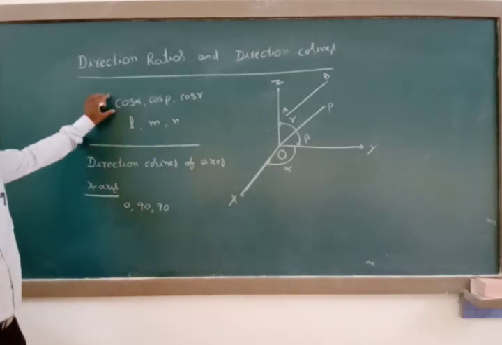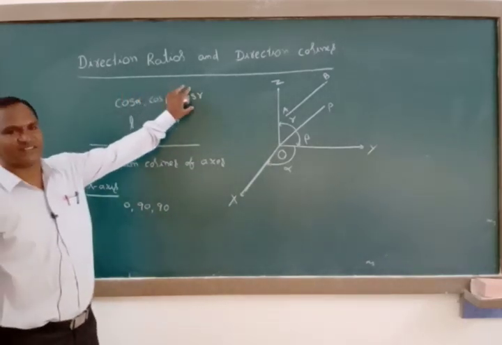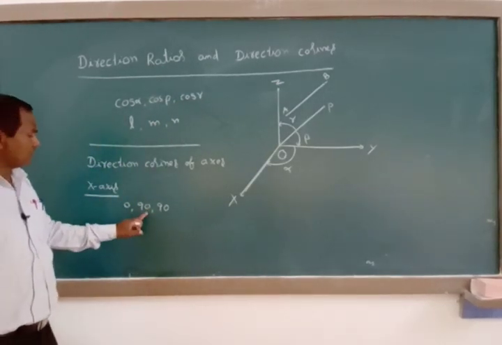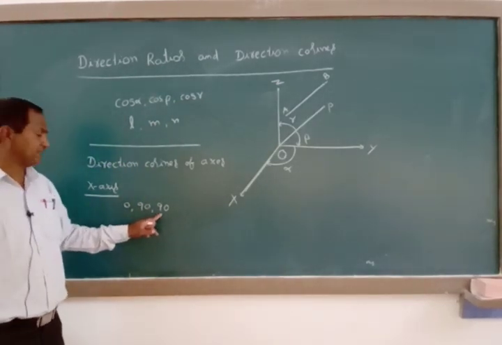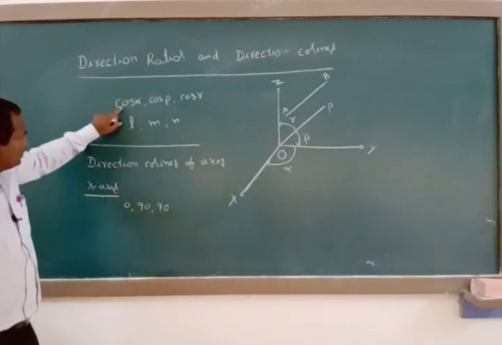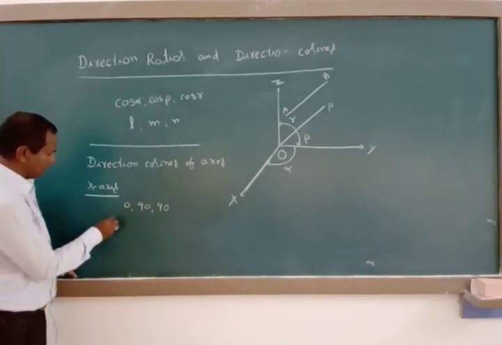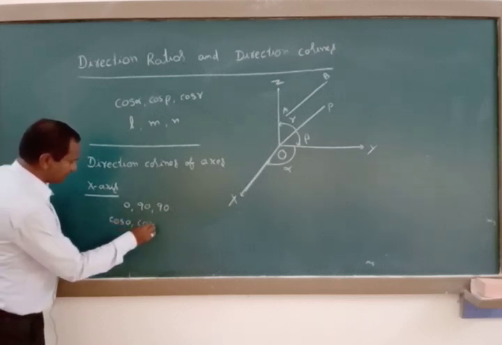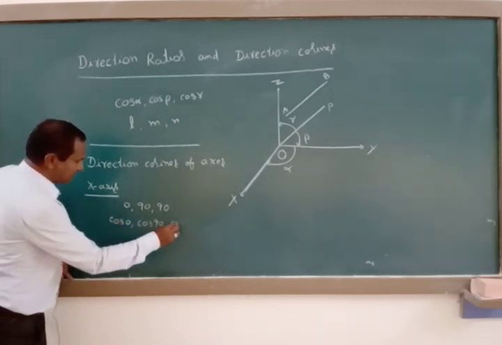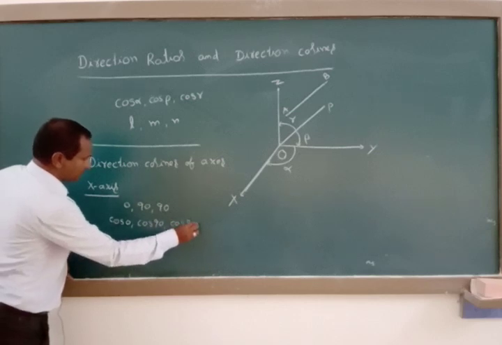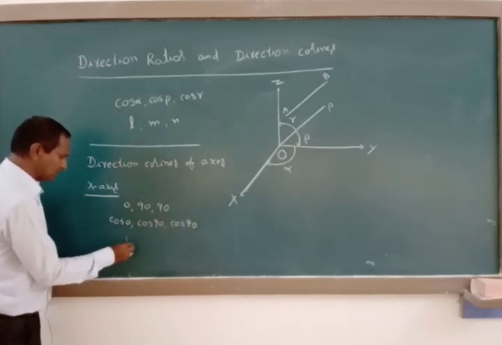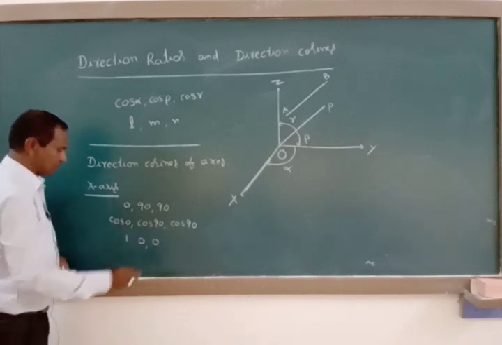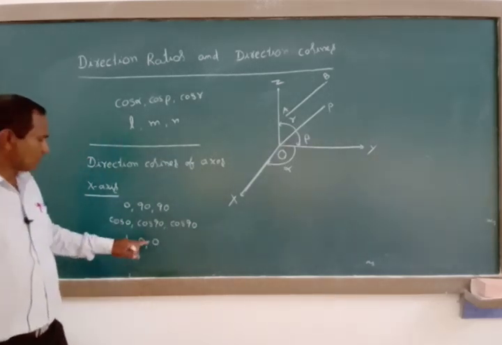Then apply cos alpha, cos beta, cos gamma, where alpha is 0 degrees, beta is 90 degrees and gamma is 90 degrees. Cos 0 degrees is 1, cos 90 degrees is 0, and cos 90 degrees is 0, that is 1, 0, 0.